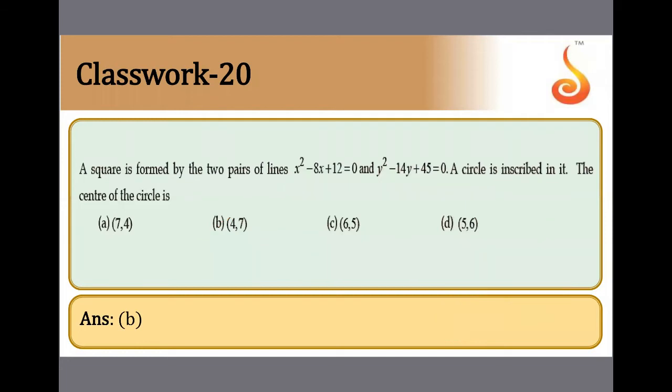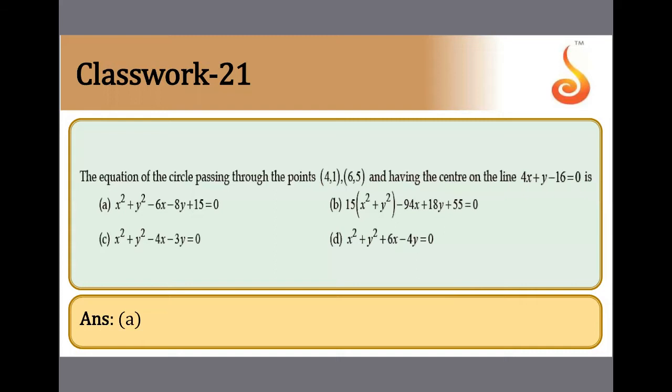Problem done. 21. Equation of a circle passing through (4, 1) and (6, 5), having the center on this line. We read the general equation of a circle: x square plus y square plus 2gx plus 2fy plus c equal to 0.